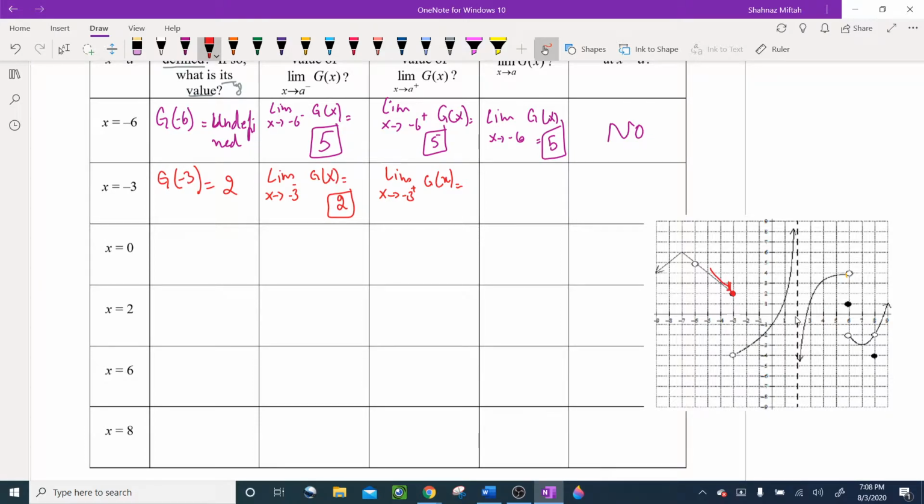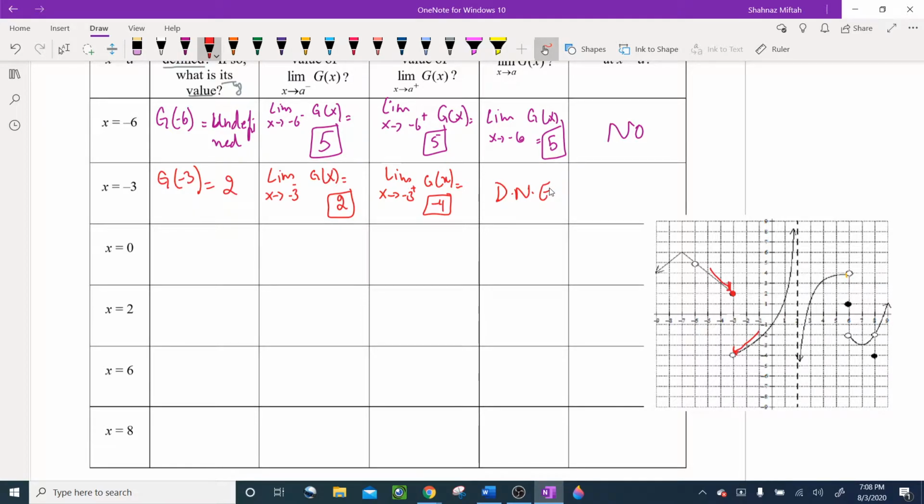I'm going to pick this piece of the graph because it's the only right side graph approaching negative 3. When I approach from the right side, I stop right there, arbitrarily close, and when I round it up, it's going to be negative 4. You see the left and right limits are not the same. If they're not the same, the limit does not exist.